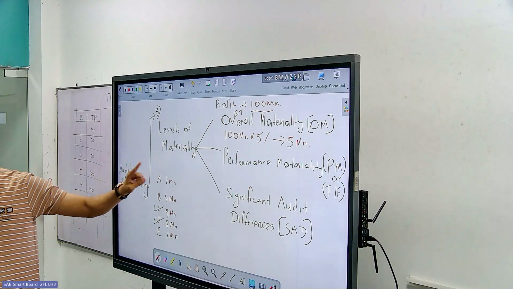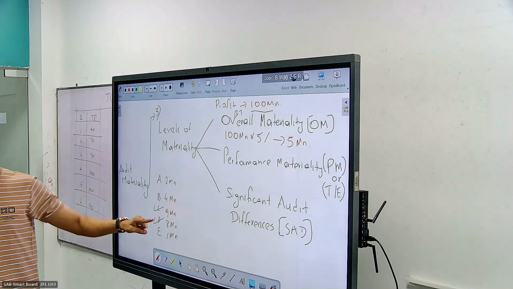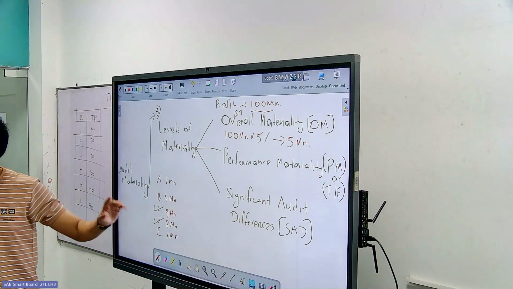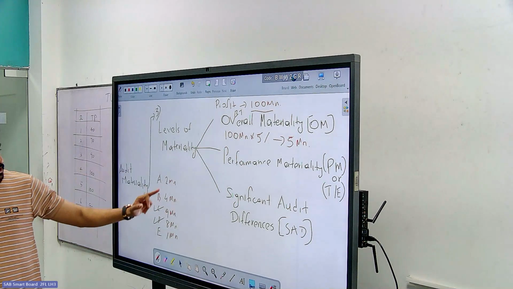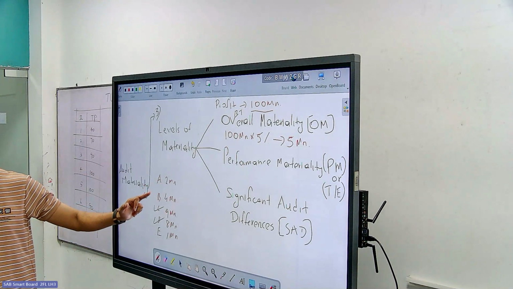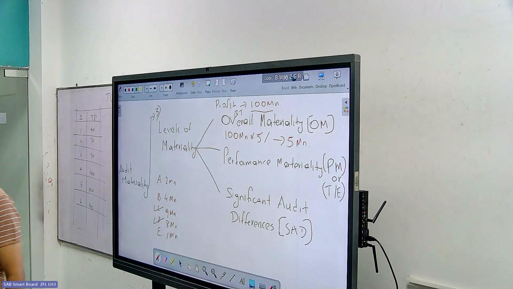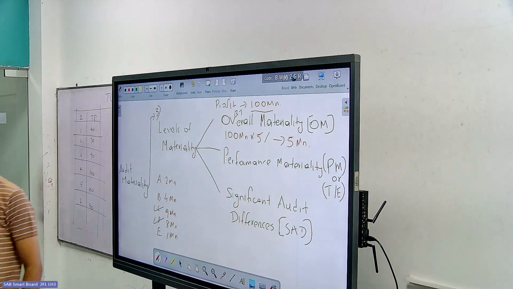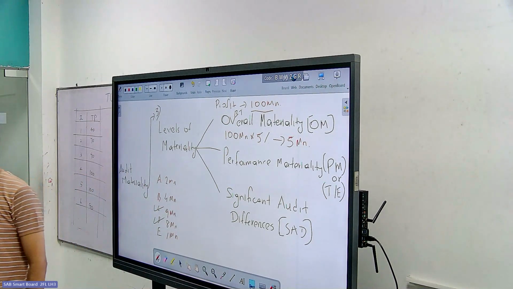So if we check only these two transactions and provide the opinion, we have given a clean opinion, with no material misstatement reported. But the problem is that the aggregate value of the misstatements is more than our materiality. So the opinion is inappropriate. We have given a wrong opinion and failed to achieve our objective.